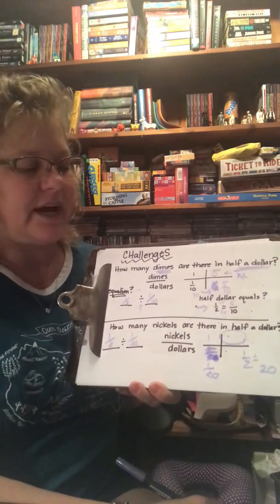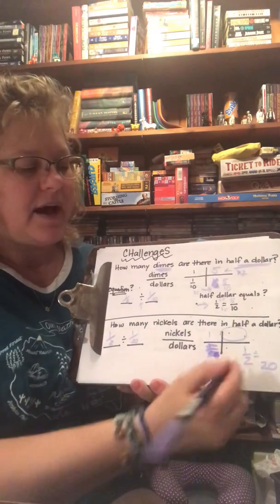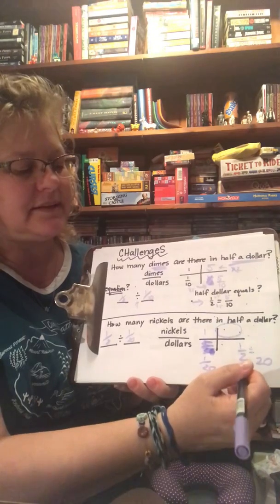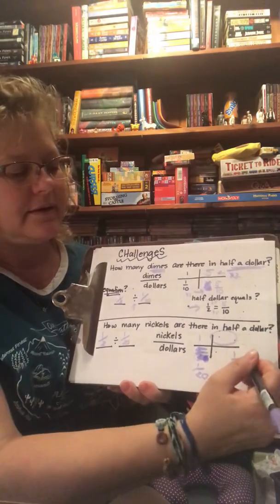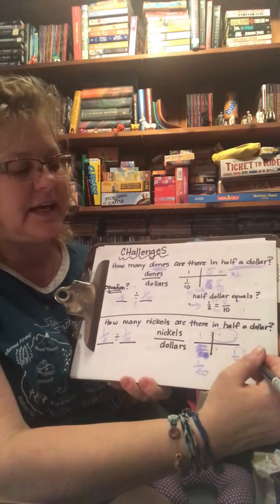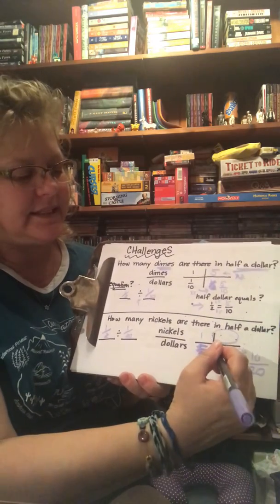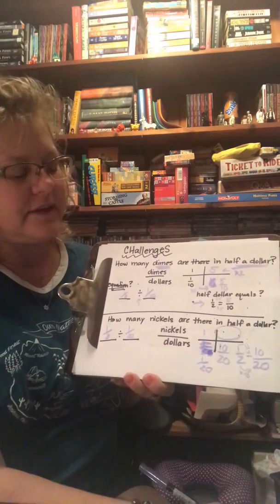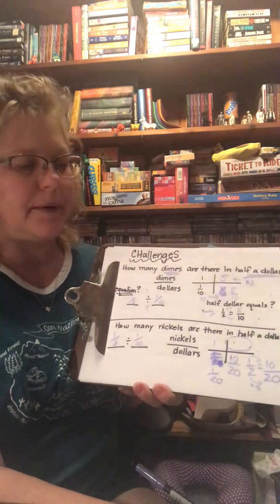All right, what do I have to do here? In order to get that to be a 20, I have to multiply this by 10. So that means I multiply this by 10. 10/20ths. That's going to be my half dollar.